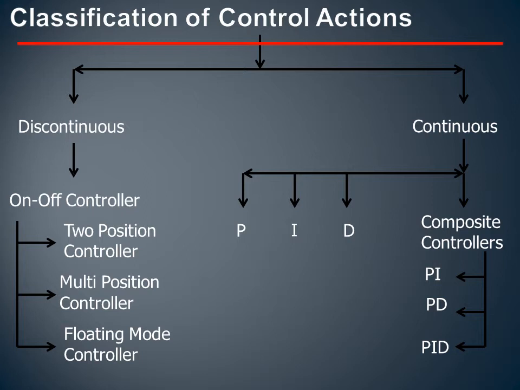The composite controllers are the combination of two or more types of continuous control actions. First composite controller is PI, the combination of proportional and integral. Second is PD, the combination of proportional and derivative. Third is PID, the combination of proportional, integral as well as derivative control action.